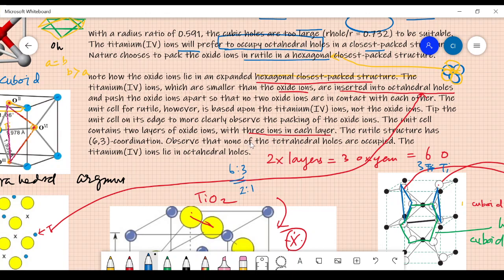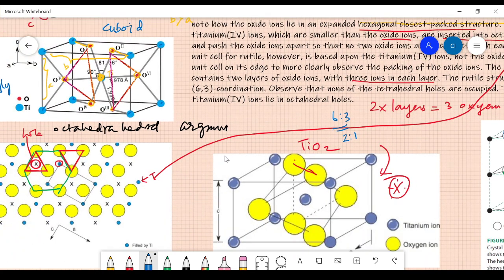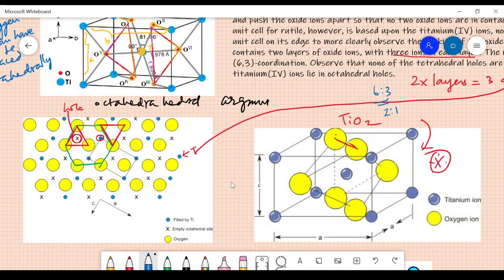Two layers of oxide ions with three ions in each layer, and within the two layers you have one titanium placed. This is the first layer. In the first layer you have all those things, but if you see it from the top you can change it.